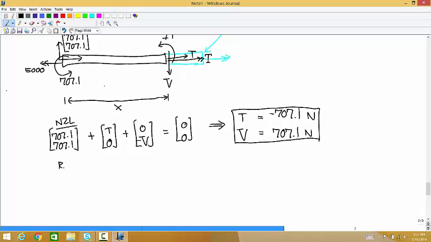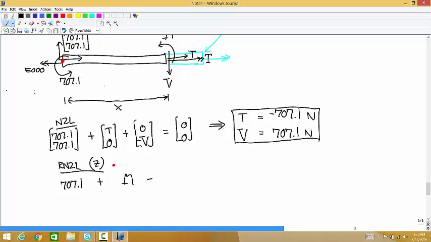So now we'll go to the moment equation about the z-axis with the about point at the left end. So we have the couple of 707.1, the bending moment M, and then what's the moment arm for this force V? x.